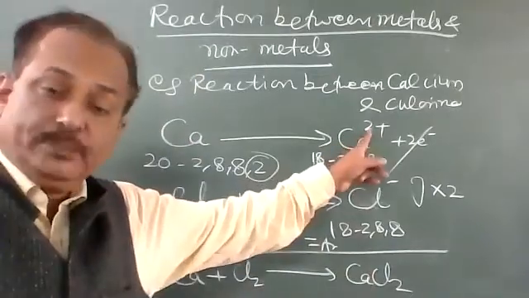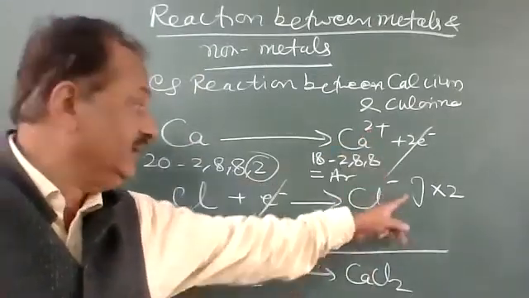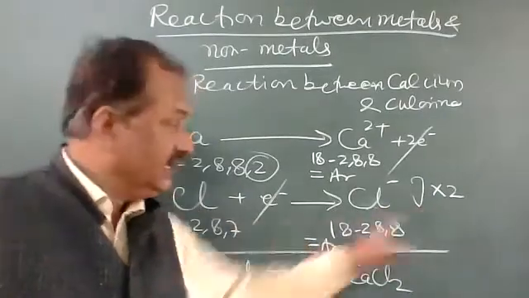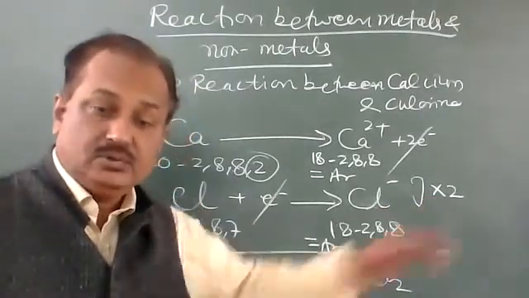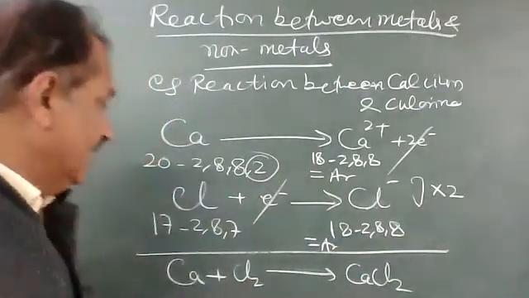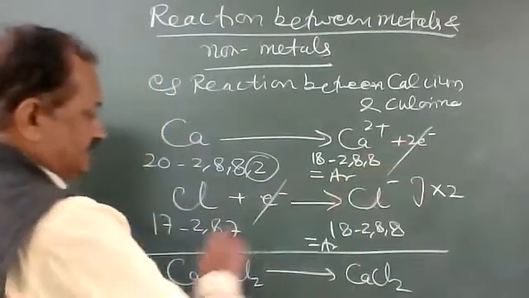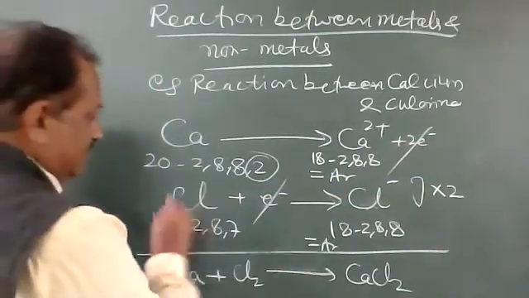Here it has 2 positive charges, here it has 1. So we balance the equation and multiply by 2 to equalize the charges, and the electrons cancel.